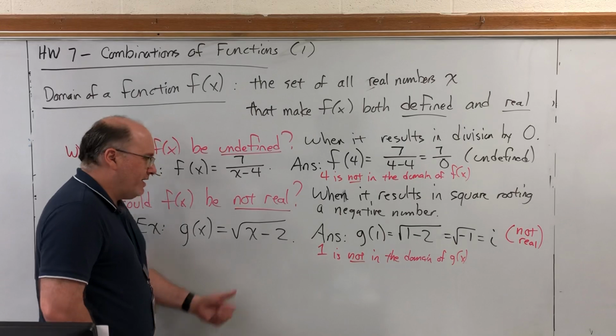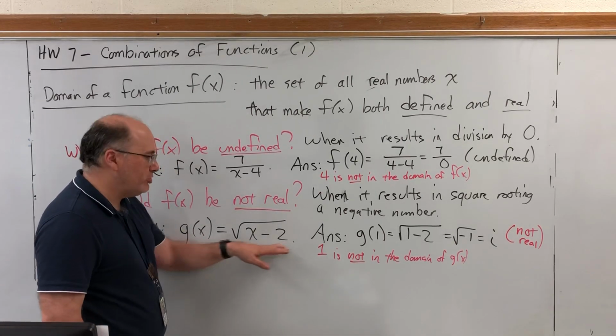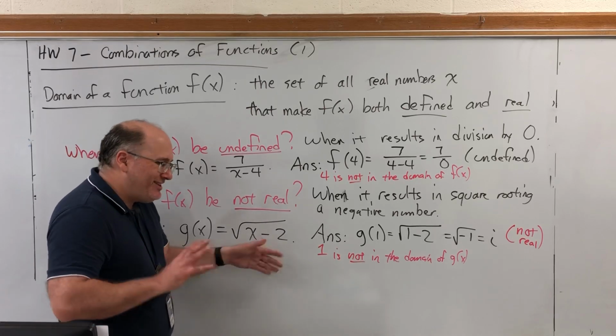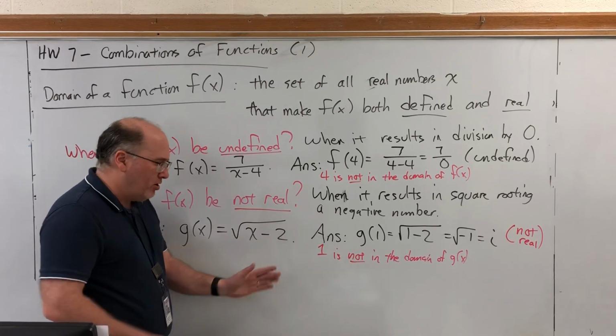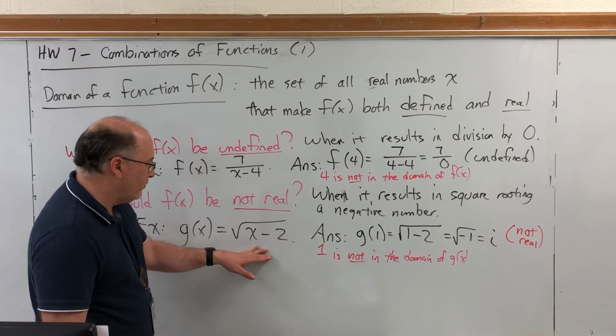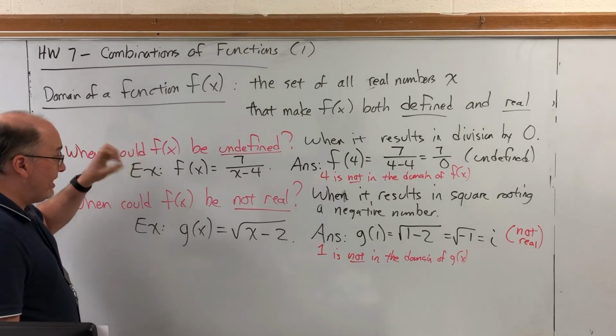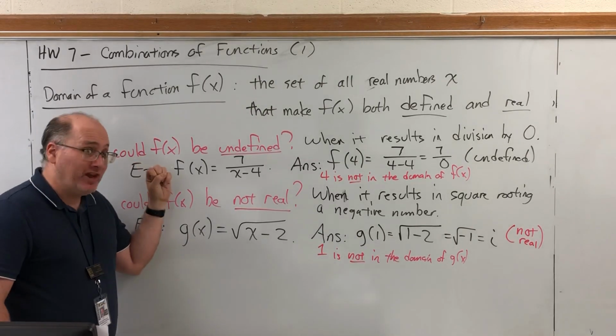But if you think about it, any number less than 2 will become negative when we subtract 2 from it. So we kind of see that there's a lot of numbers that would not belong to the domain of this second function, namely any number less than 2. But in the next video, we'll talk about domain issues and how to find domains for different types of functions.